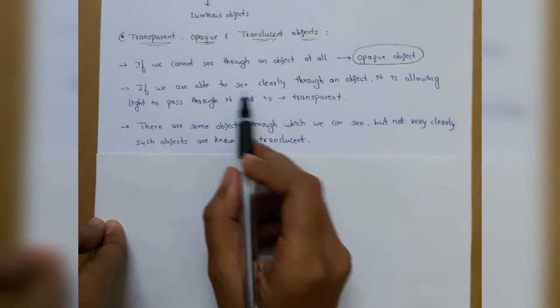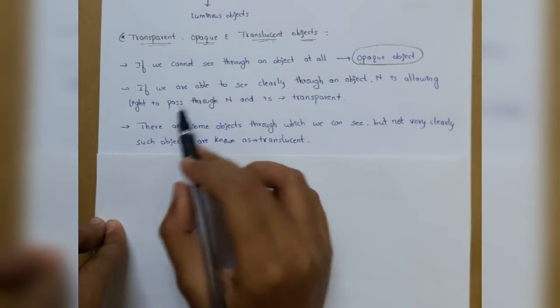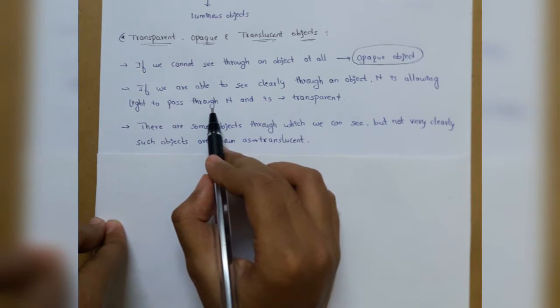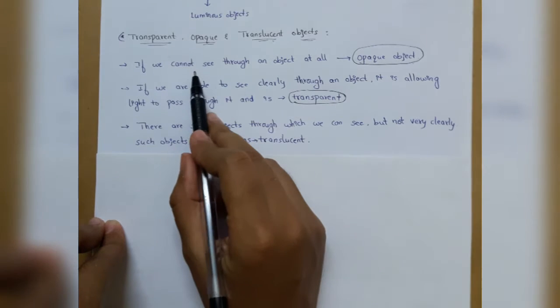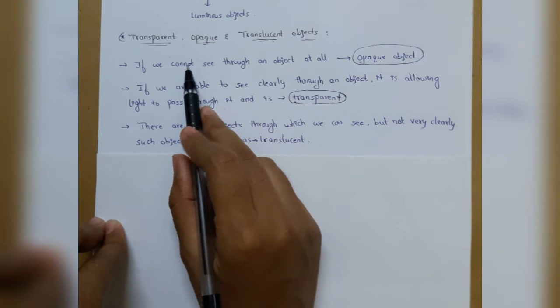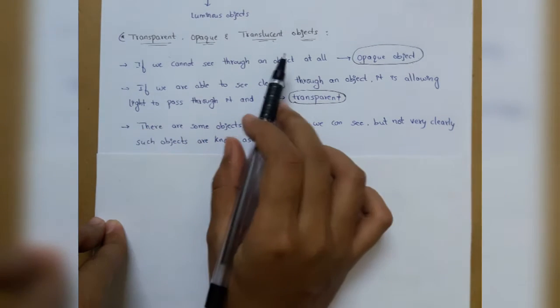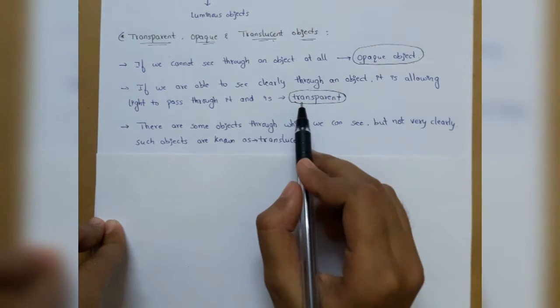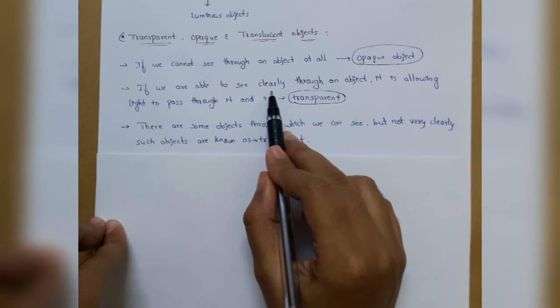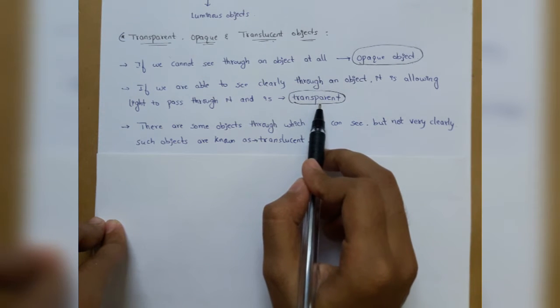If we are able to see clearly through an object, it is allowing light to pass through it. It is called a transparent object. Objects from which we cannot see anything at all are known as opaque objects, and objects through which we can see clearly are known as transparent objects.